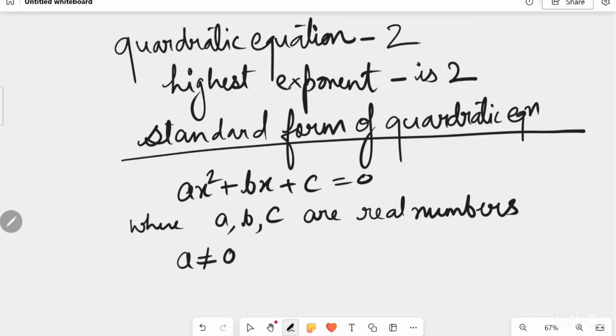Why? If a equals 0, it becomes linear, not quadratic.